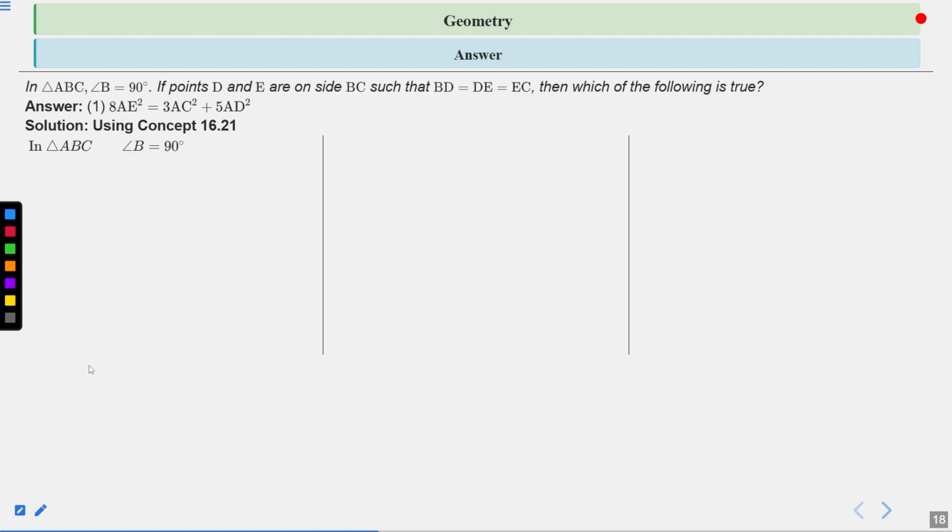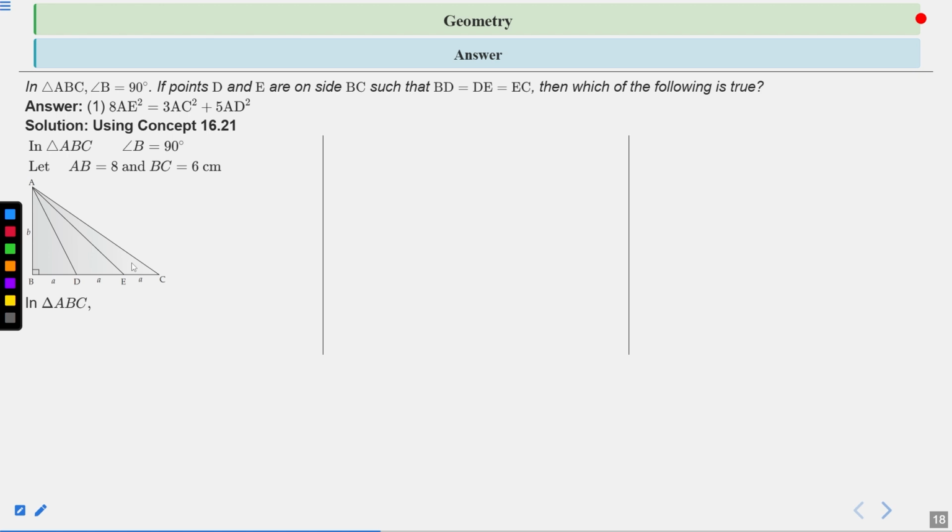So in triangle ABC, angle B is 90 degrees. Let AB equal 8 and BC equal 6. So we can make this diagram in which we can calculate the length of AC, because we have the length of AB and we have the length of BC.